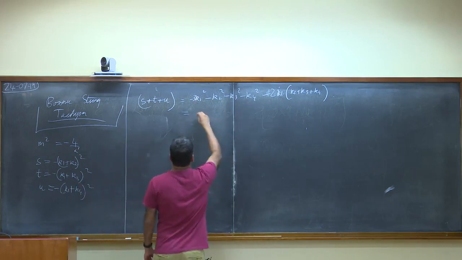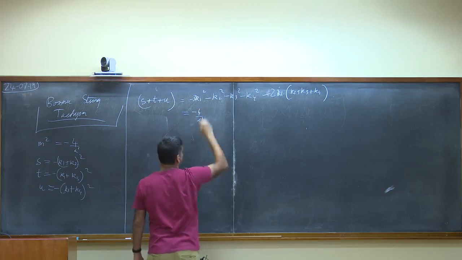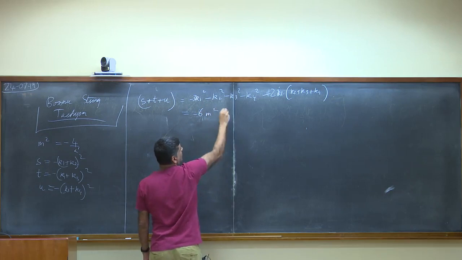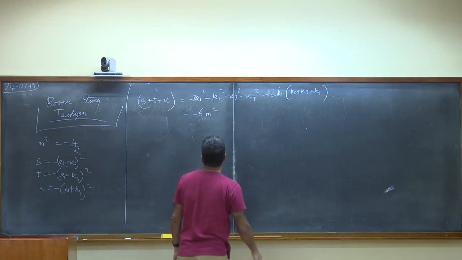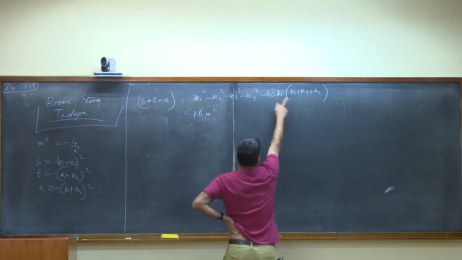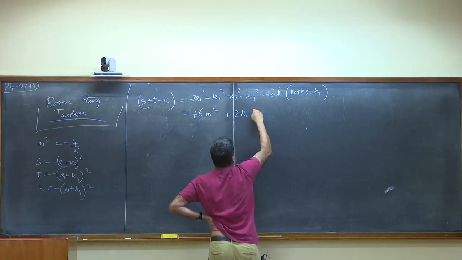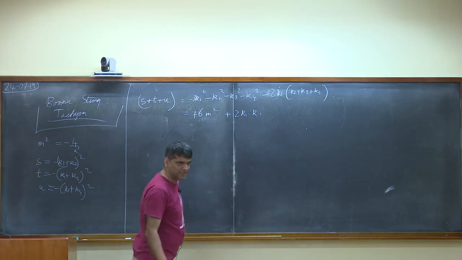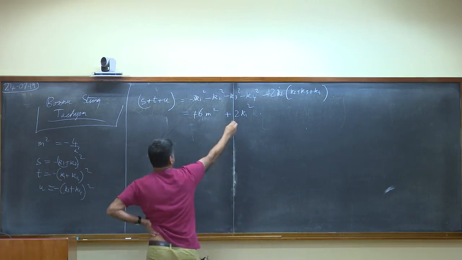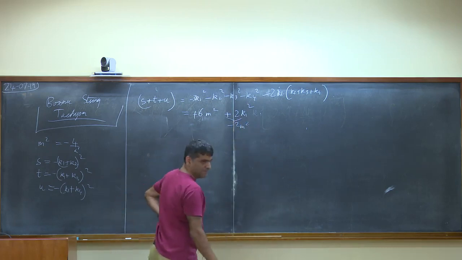So there are 6 of them, giving 6m squared. And then this is plus 2 K1 dot K1, where we've used momentum conservation, which is K1 squared, and therefore this is minus 2m squared.